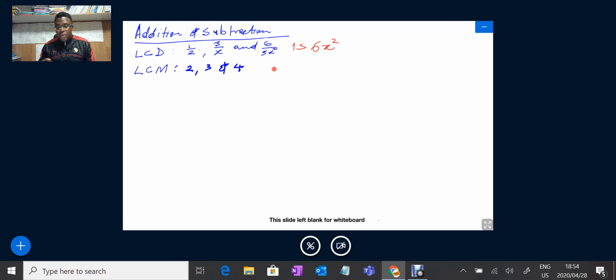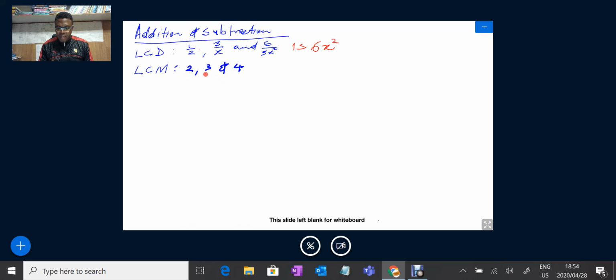The lowest common multiple. The lowest. How do we find the lowest common multiple? It's the number when you multiply, like we have 2, 3 and 4. When you multiply 2 and 4 you get 8.